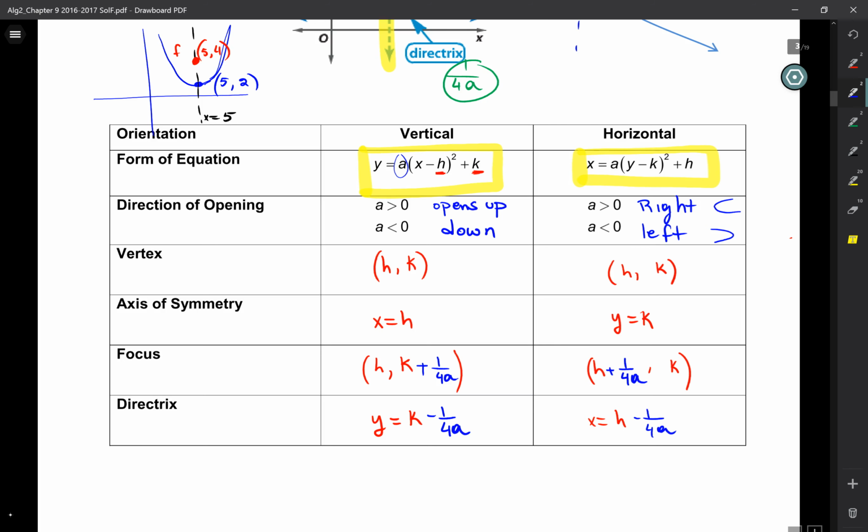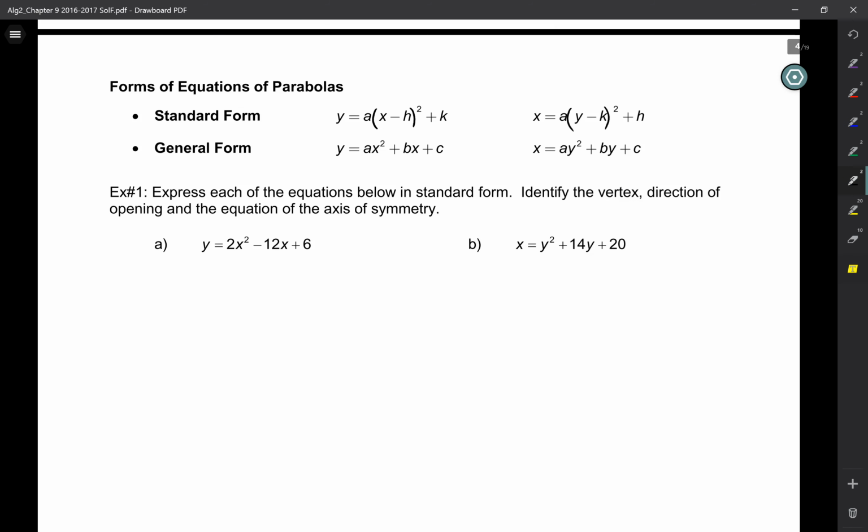Okay, so let me pause for some questions. So we've seen these forms of these equations before, right? The bottom one is how we always see quadratic equations, and the top one is how we put it in vertex form.